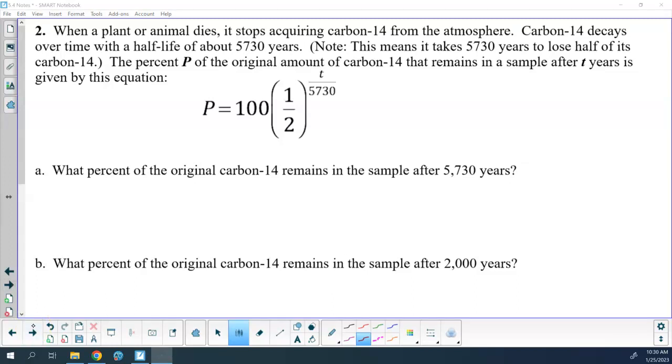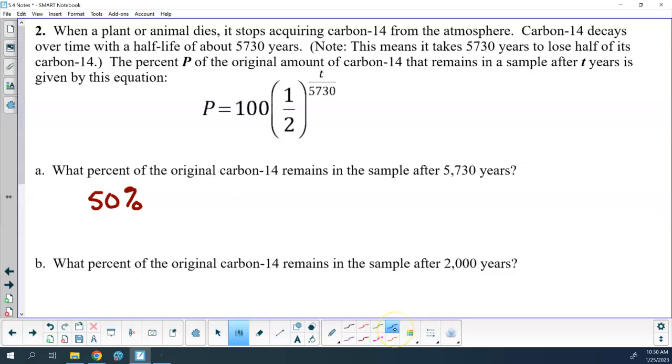So just by reading the problem, we should be able to do letter A, right? How much is left after 5,730 years? 50%, right? Okay. If you didn't see that this was 50% left over, then you would plug in and find P of 5,730.